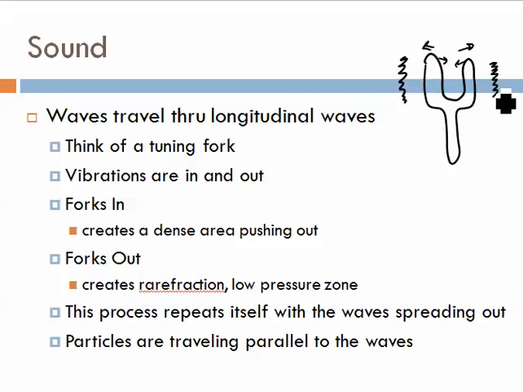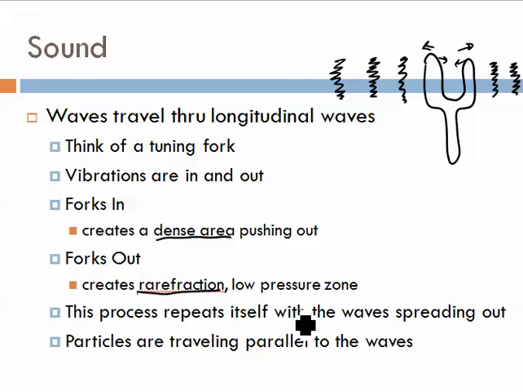And as this repeats, there's going to be this part where the air is not compressed, and there's going to be this part where the air is compressed. And this is a longitudinal wave. What we're showing you here is when the forks are in, it creates a dense area. When the forks are out, it creates a rarefaction, a low pressure zone.